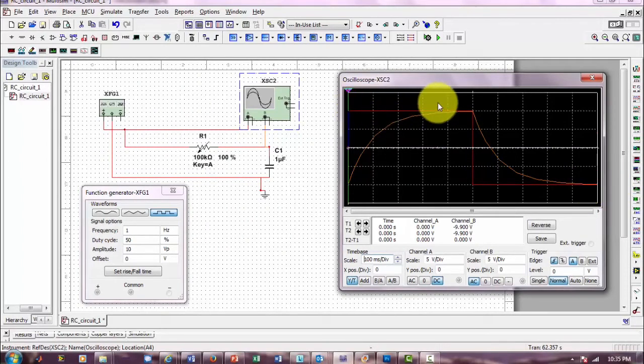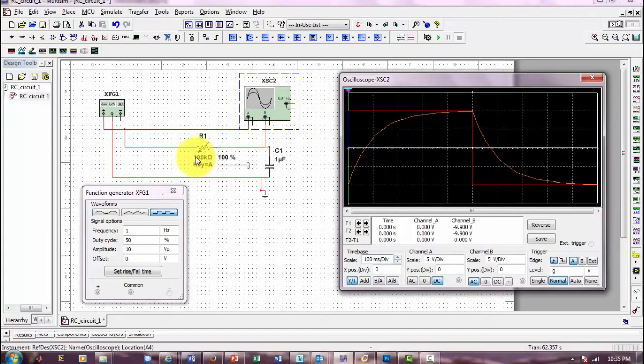So it's 50% high and 50% low. Now what we're going to do is measure the voltage across this capacitor, represented by this orange line. You could see that it takes time to charge up this capacitor, but we get there to 10 volts, and then discharge the capacitor to minus 10 volts.